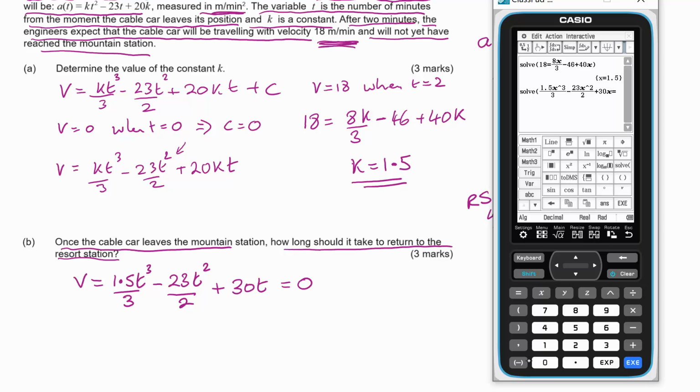We want to put that equal to 0, and let's see what times we get. 0, 3, and 20. So we've got t equals 0, 3, 20.